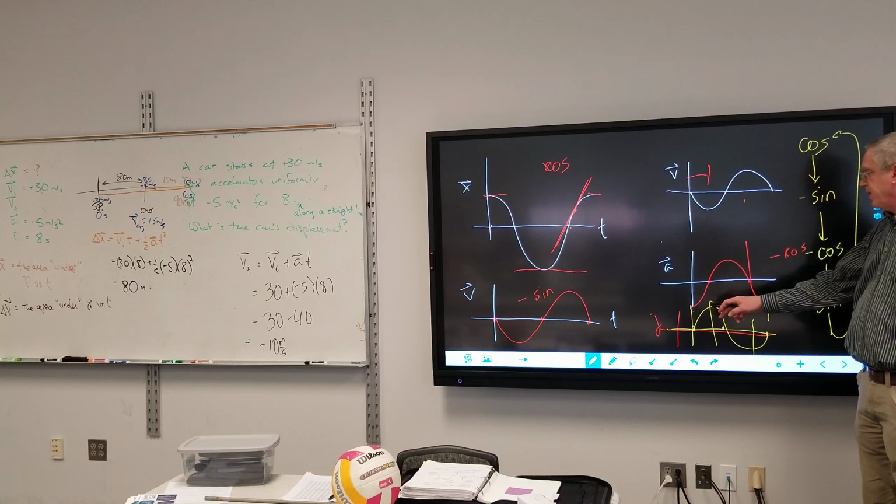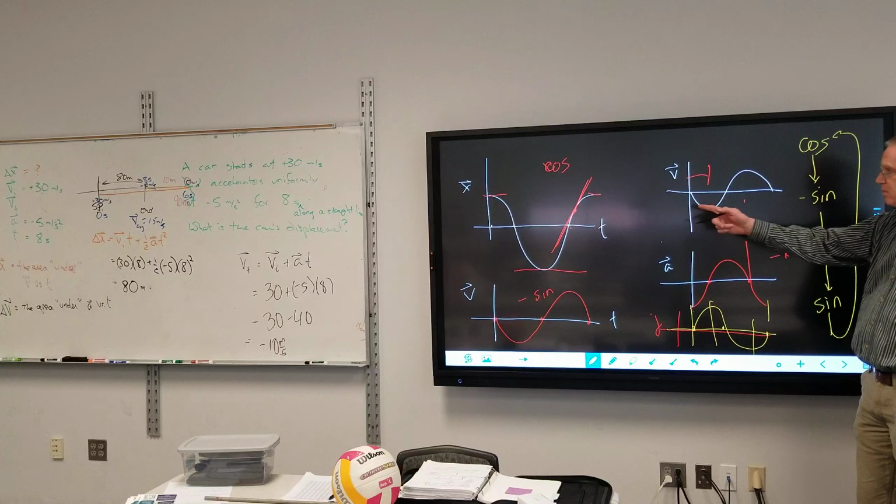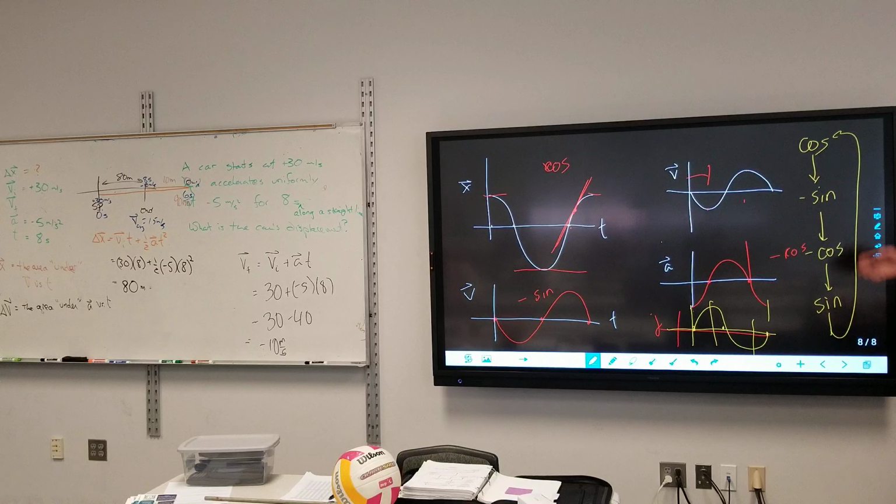My slope starts out positive, then it becomes negative, then positive again, so we get a cosine curve. So wherever you started the cycle, if this is my position graph, that's my velocity, acceleration, jerk, snap, crackle, pop, and so on. For those calculus students, the derivative with respect to whatever the variable is, the derivative of cosine is negative sine, the derivative of that is that, and so forth.